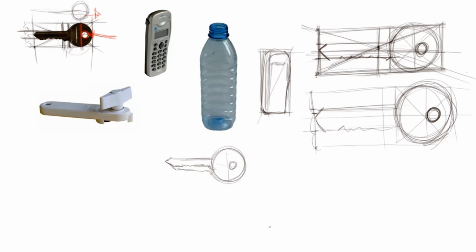So for instance, with the key, after I get this big circle, this one, then it's easier to compare from here to get that smaller circle. And I can notice things like, well, this space between this circle and the edge on mine is way too big.